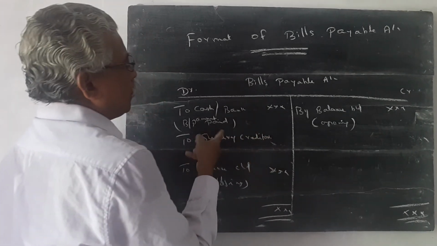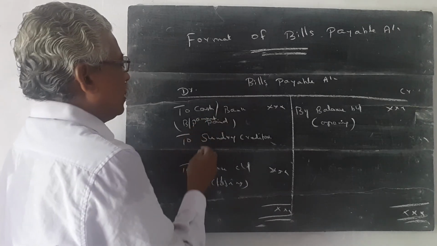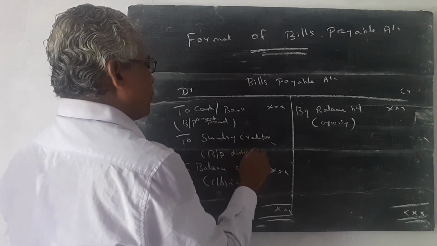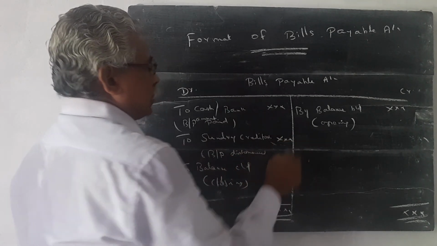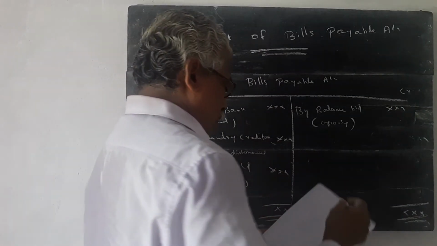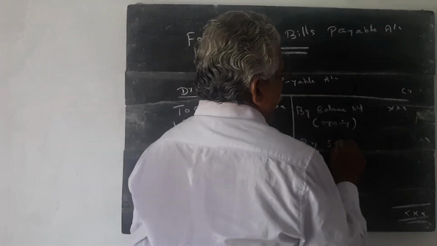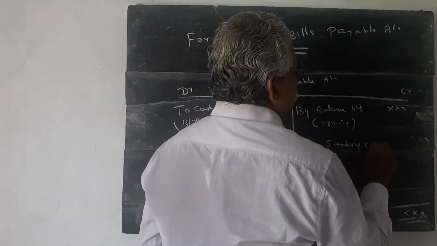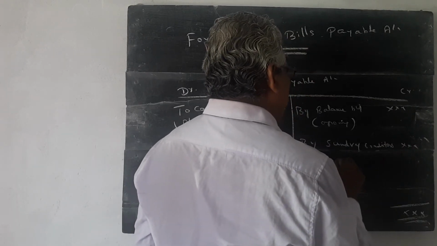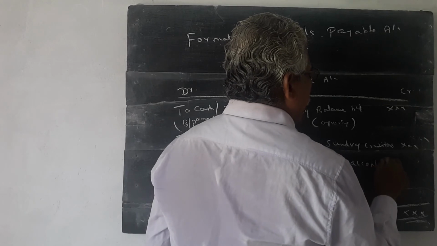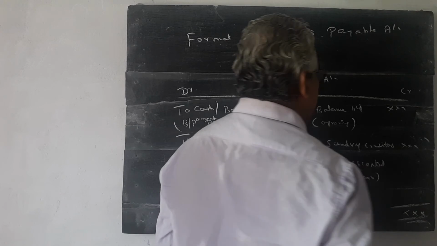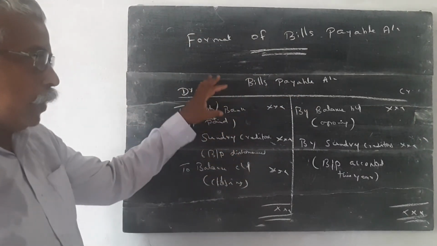Any bills payable amount honored is entered here; any bills payable dishonored, this amount is entered here. Then by sundry creditors, bills payable accepted this year. This is the procedure for preparing bills payable account.